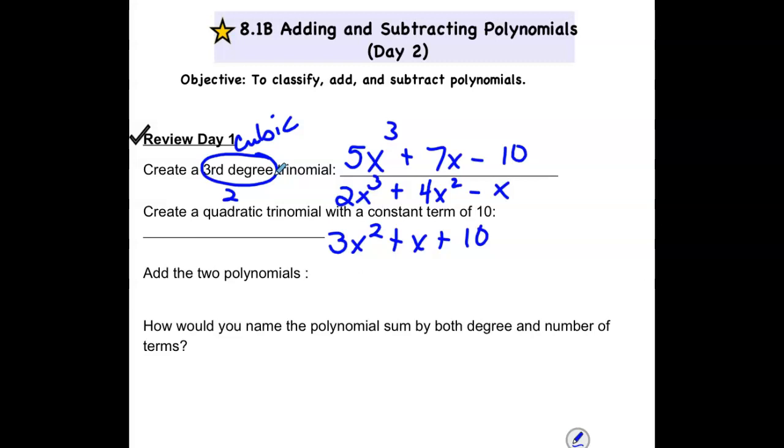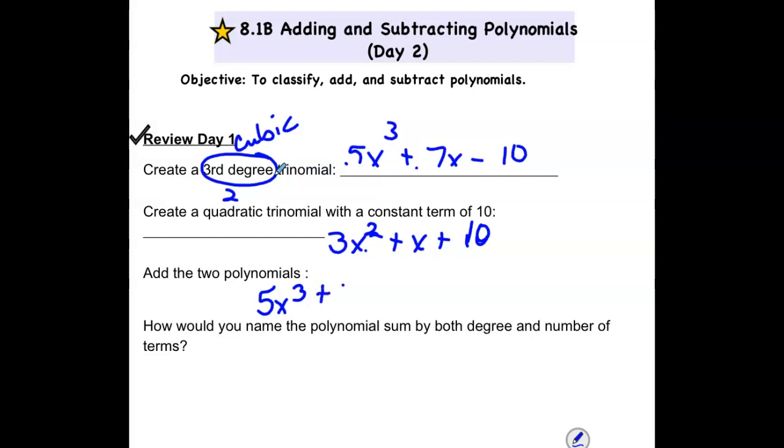So we'll go back to my first example here. And we are adding these 2 together. So we have a 5x cubed. We don't have any x cubes in this one, right? So I'm going to have a 5x cubed. When I go to combine my x squareds, this one has a 3x squared. This first one doesn't have any.